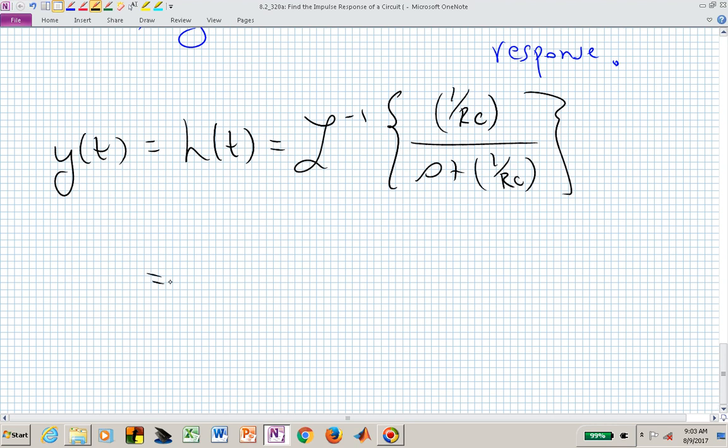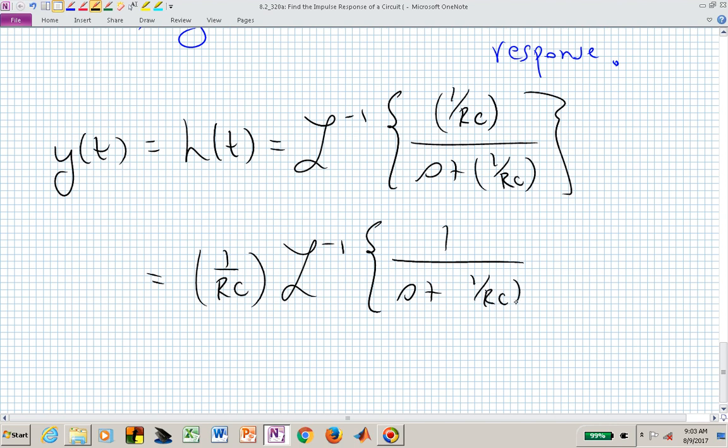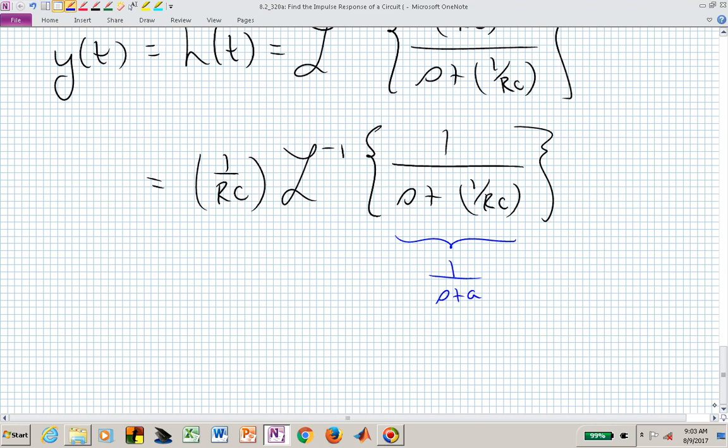If we factor out the numerator from that inverse Laplace transform expression, now we should be able to very easily identify this expression. This now should look like just a 1 over S plus A that is in all of your Laplace transform tables.